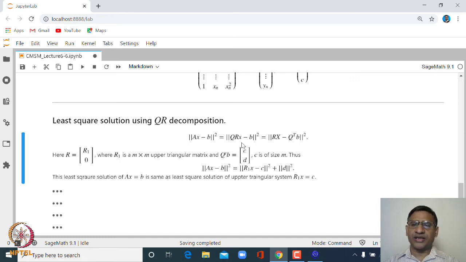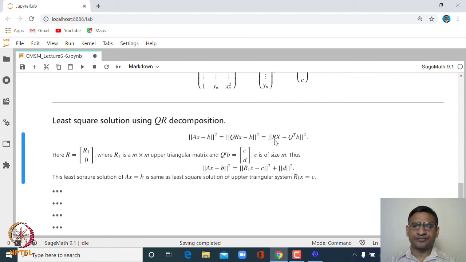So, I can multiply this whole thing by Q transpose. Q is orthogonal, therefore Q transpose will also be orthogonal, and Q transpose Q is identity. So, this term reduces to Rx minus Q transpose b.